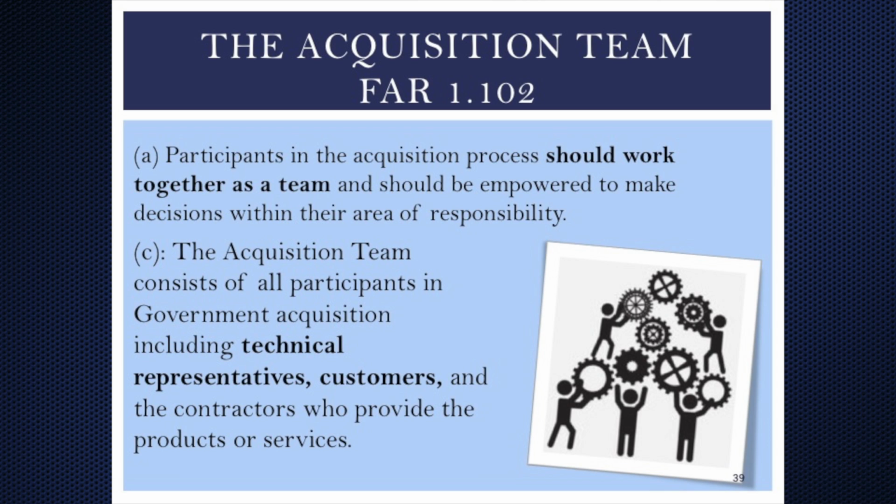The procurement process breaks down. You don't get the requirement that you want. But when we are all empowered to act within our area of expertise, that's when we have a really good system, a teamwork system. So the acquisition team consists of all these members, and look, technical representatives and customers, so you are part of the team.